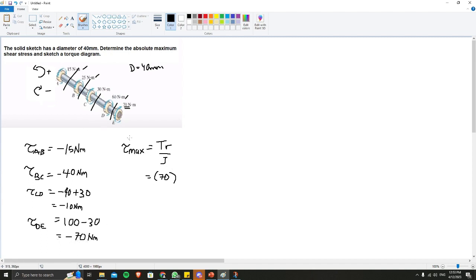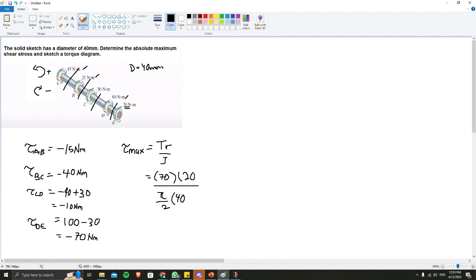Since we have to find the maximum, we have to give it a positive value, and then the radius, we divide it by 20. And then for J, we use the formula pi over 2, and then we use 40.